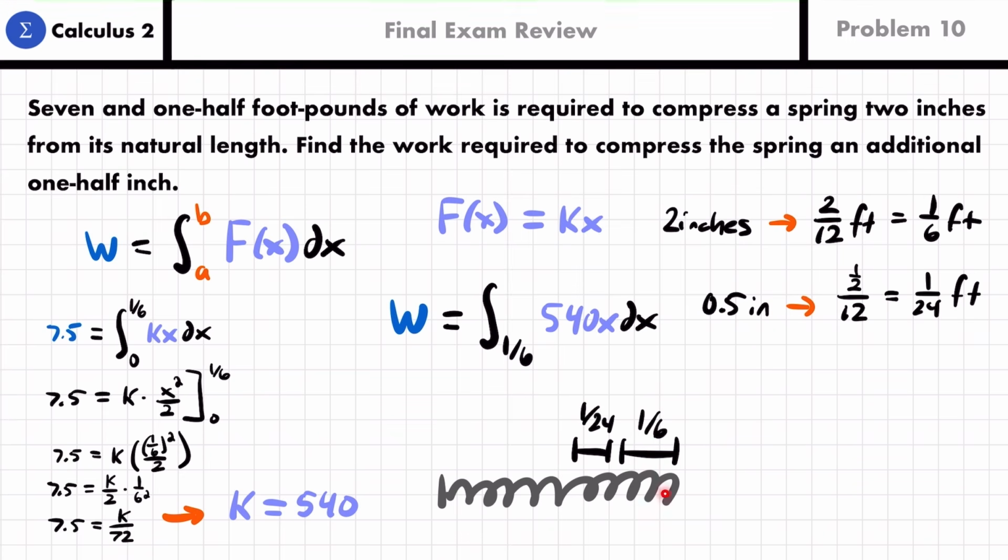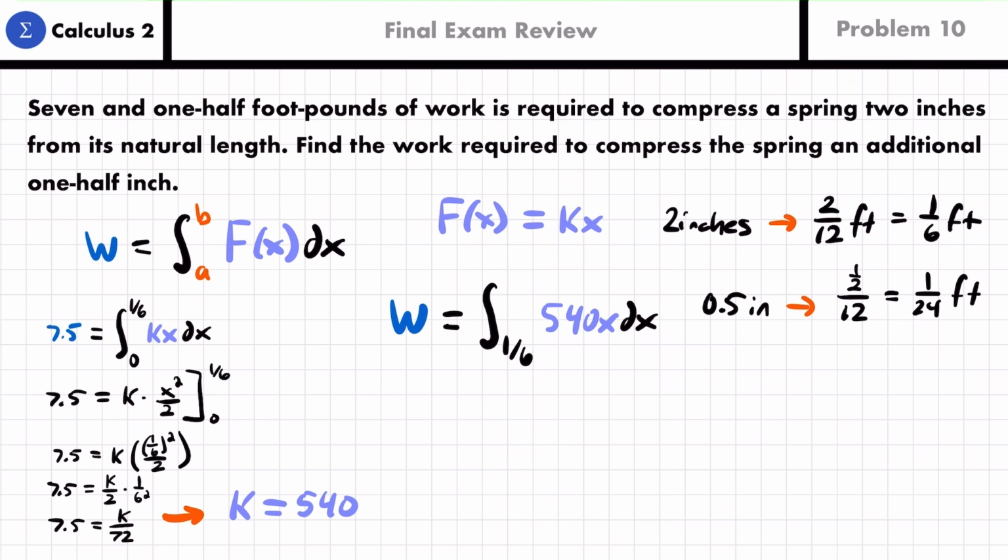The spring has this natural length, but we're compressing it or pushing it in this total amount. But we're starting at this distance of 1/6, but we're moving an additional 1/24. Okay, so we need to add those fractions together.